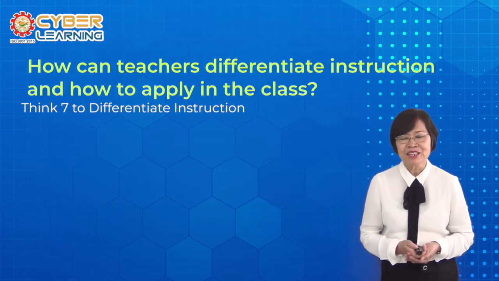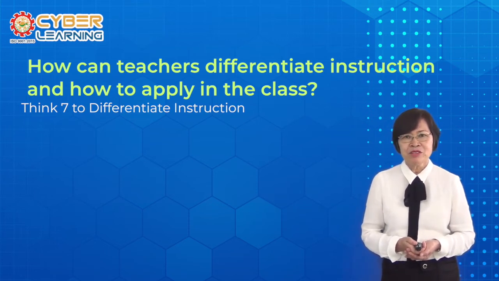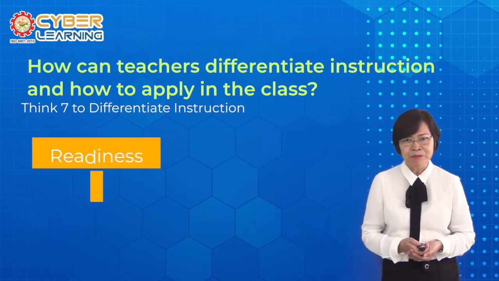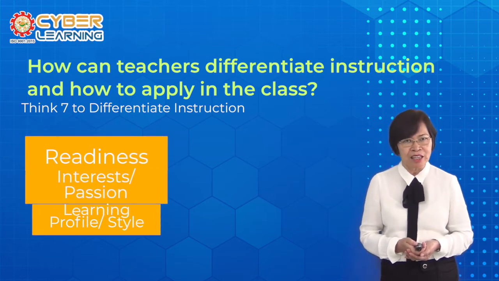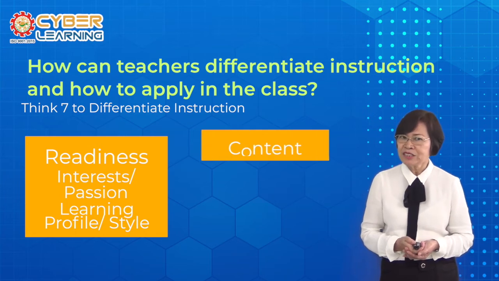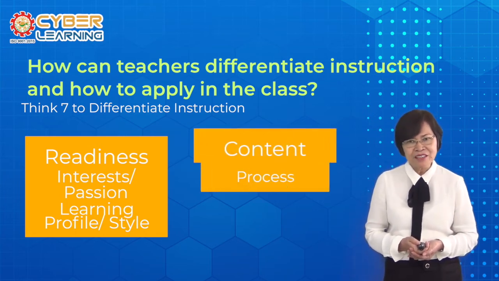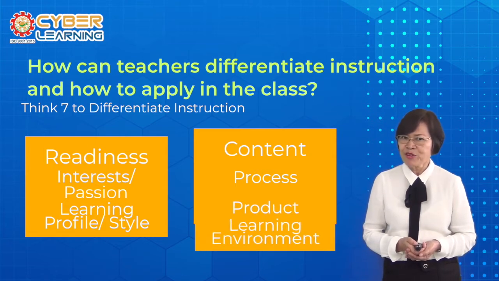Teachers can differentiate instruction by addressing students' readiness, interest or passion, and learning profile or learning style. Teachers can differentiate the content, the process, the product, and the learning environment.